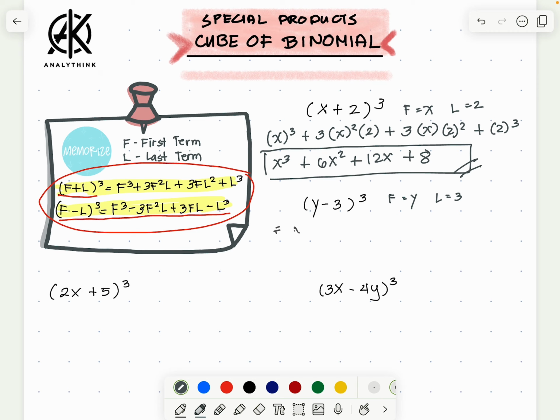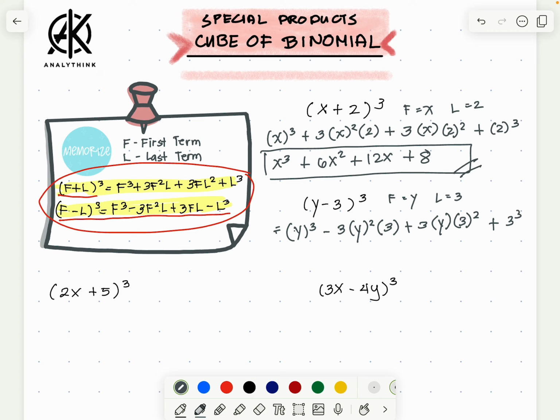So that will be y cubed minus 3 times first term squared, y squared, times your last term, which is 3, plus 3 times your first term, that would be y, and last term squared, so that's 3 squared, plus last term cubed.